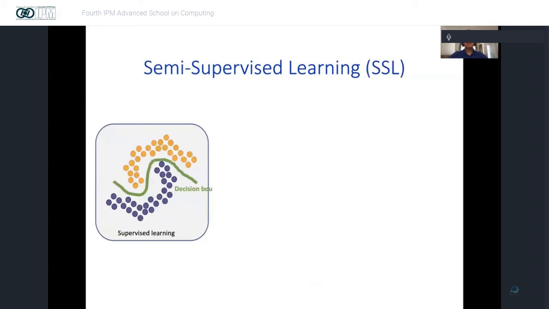So let's talk about the concept of semi-supervised learning. In supervised learning, the world is very nice. We have a very large training set, and we can estimate the decision boundary nicely from this large training set.